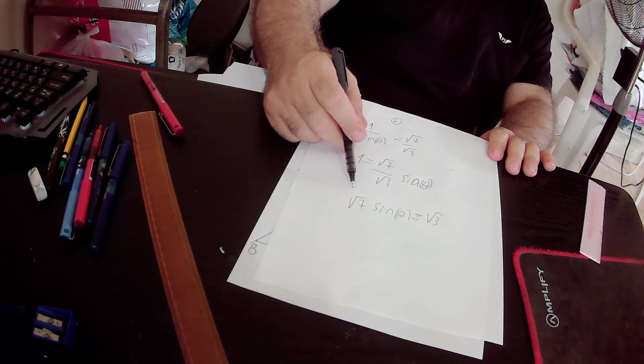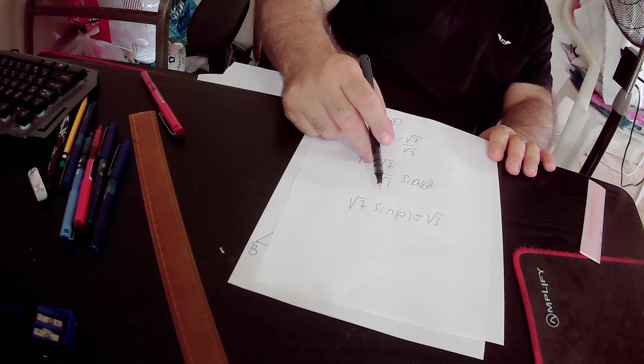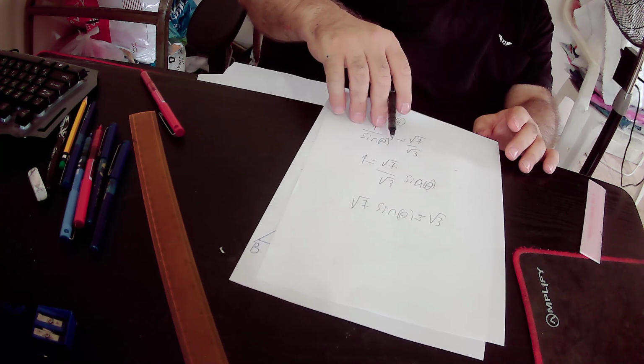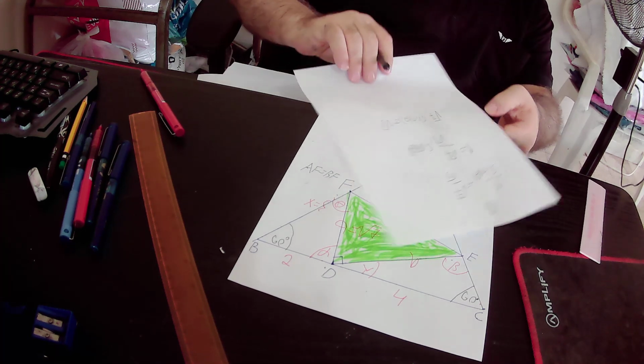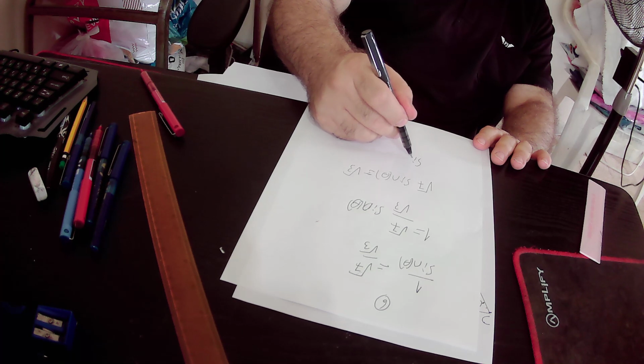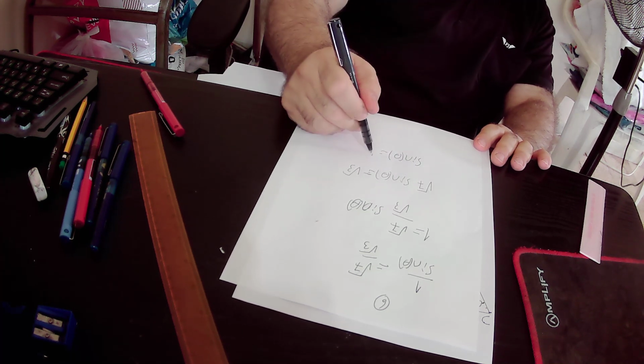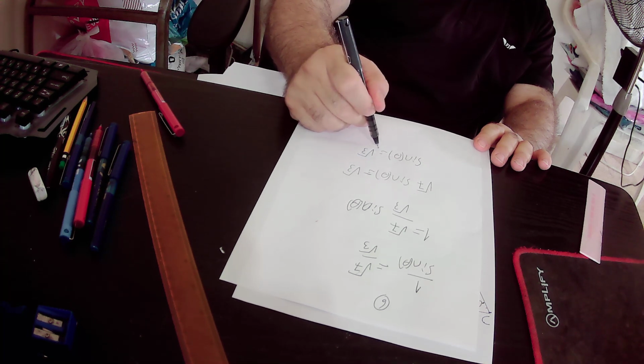Here we will divide this equality by root 7 in order to get the value of sinus theta. So we get that sinus theta equals root 3 over root 7.